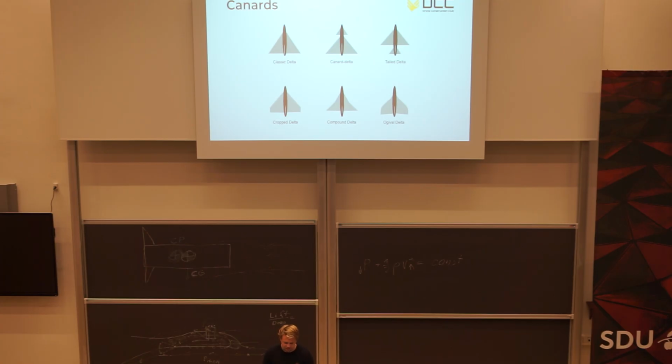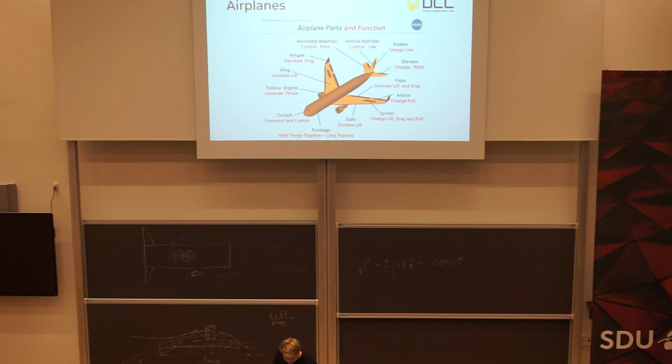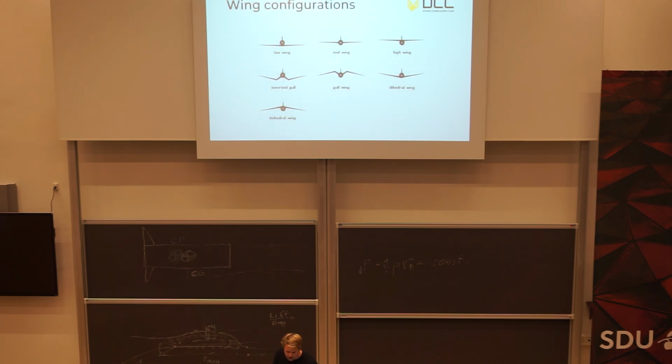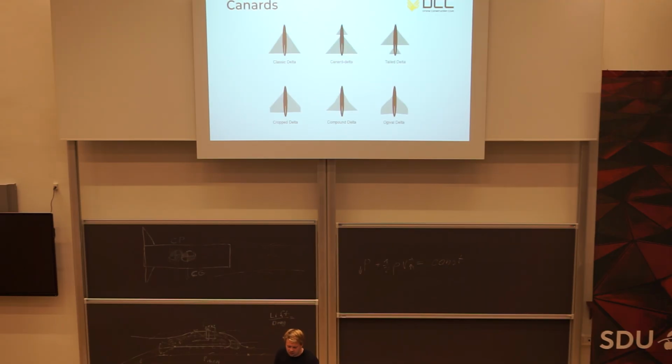Delta wings are usually all triangle-type wings. You have canards for pitch, now I forgot what it was named. The horizontal stabilizer can be in the front or in the back.